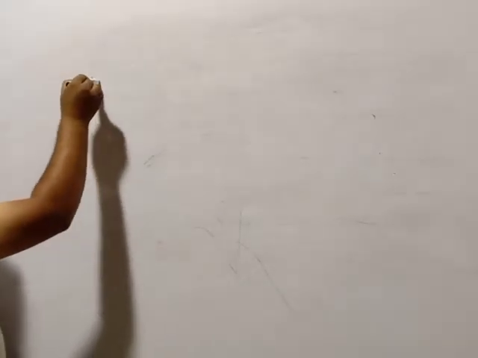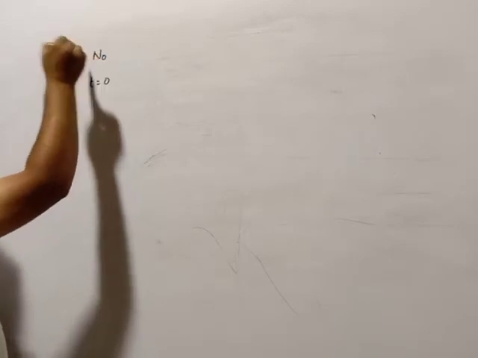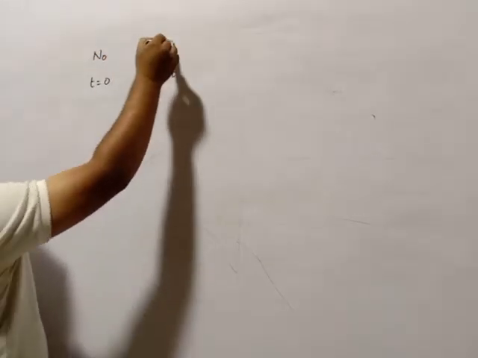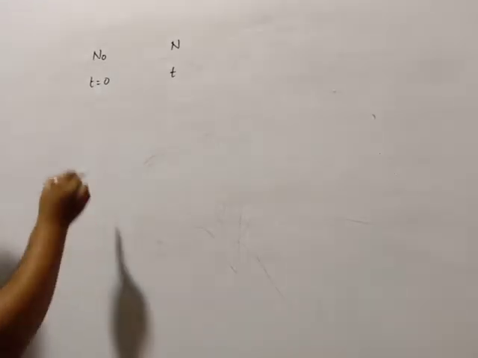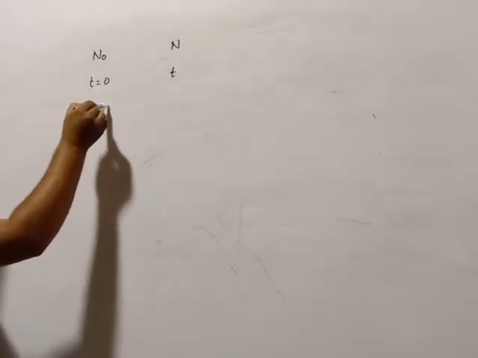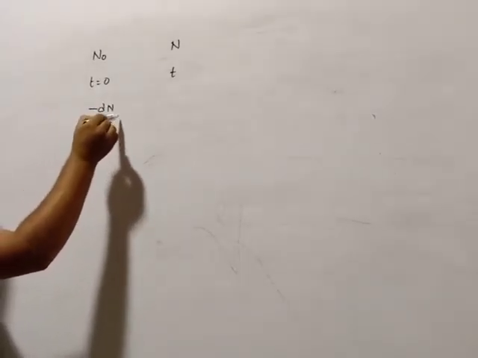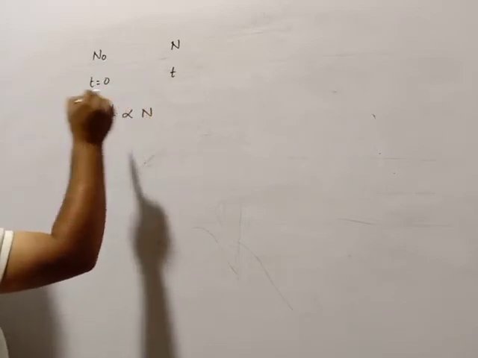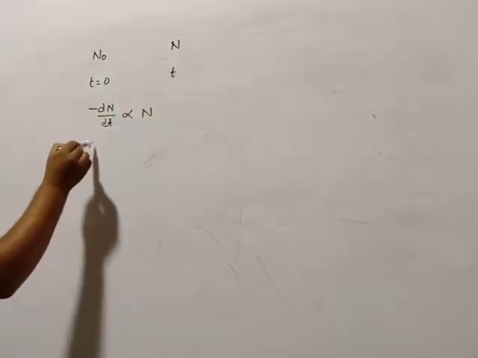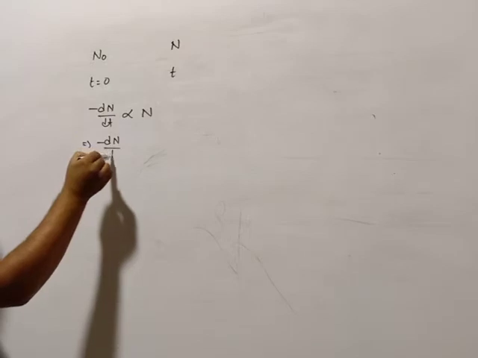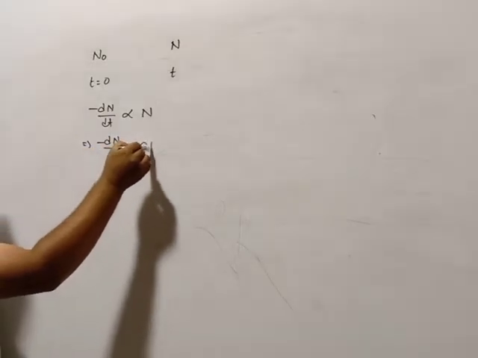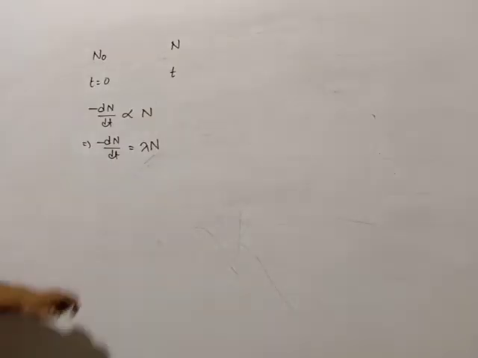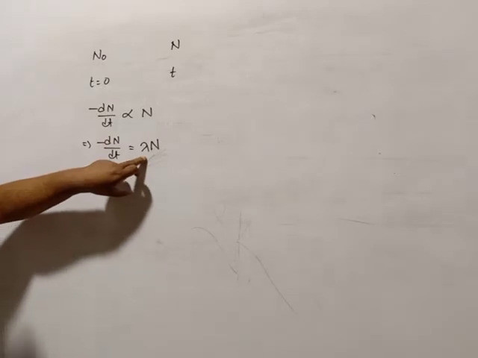So at time t equal to 0, the number is n0. At time t, the number is n. Now, minus dn by dt is directly proportional to n, so minus dn by dt is equal to a constant into n. This constant lambda is the constant of proportionality.